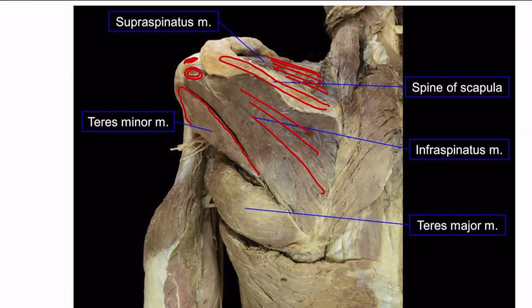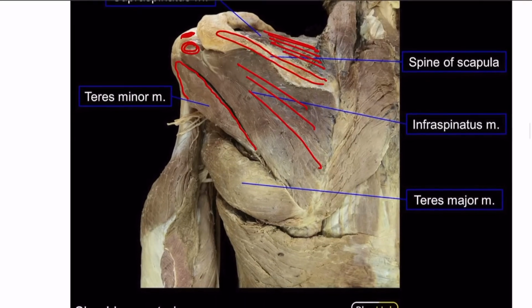This is the teres major muscle, and it basically inserts into the medial lip of the bicipital groove, but it's not one of the rotator cuff muscles. So, medial lip of the bicipital groove. Okay, but we're coming to this later on.